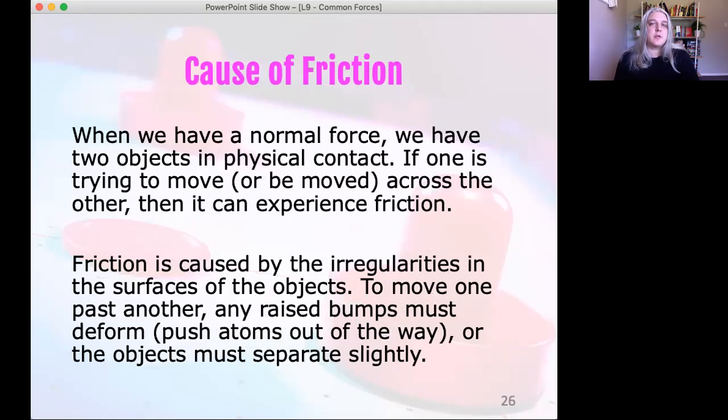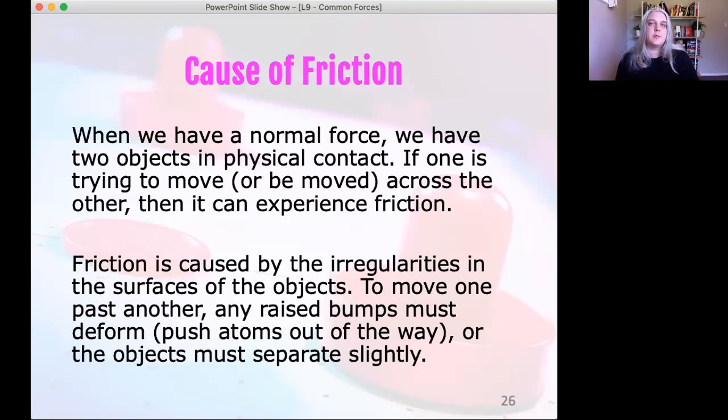When those bumps are trying to get past other bumps, you either have to physically push part of the object out of the way, bend it or break it over, or you have to lift up the top object or separate the two objects slightly to let that bump past. And that's all friction is. Friction is just the force needed to deform that object.